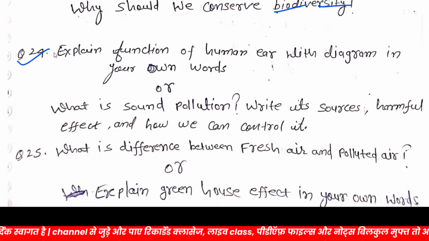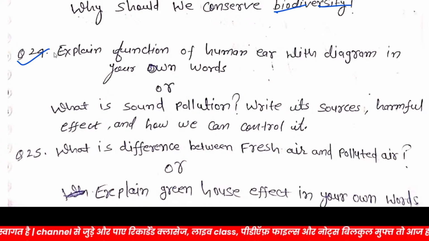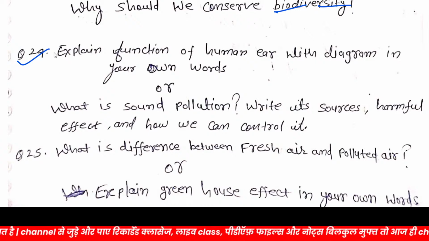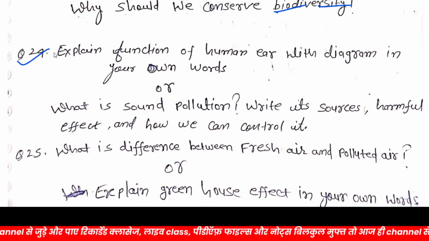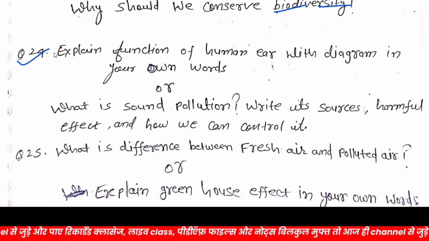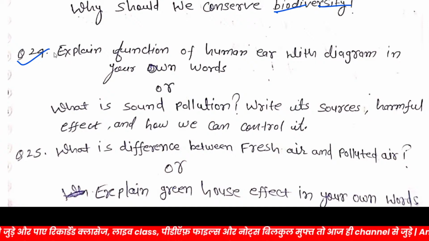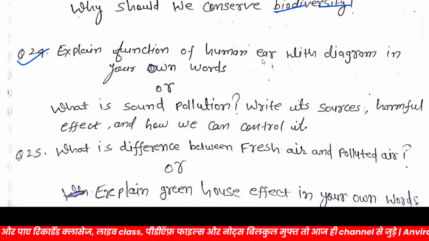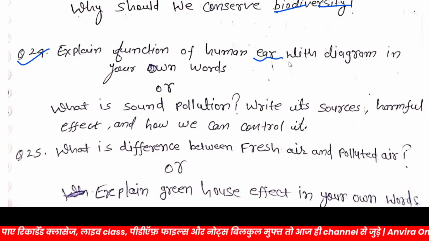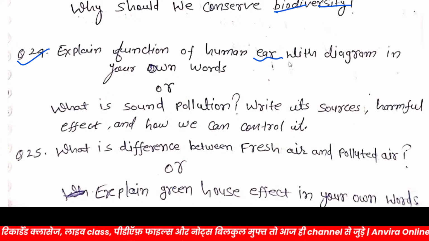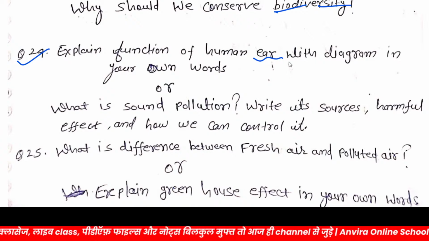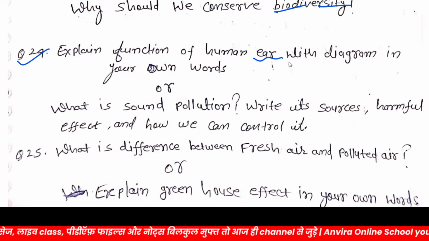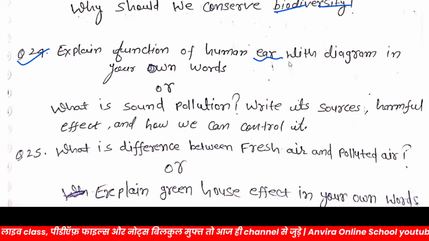Next, explain the function of the human voice box with a diagram in your own words. So, you can make the diagram. The sound is produced by the voice box or the larynx in humans. It is located in the throat.